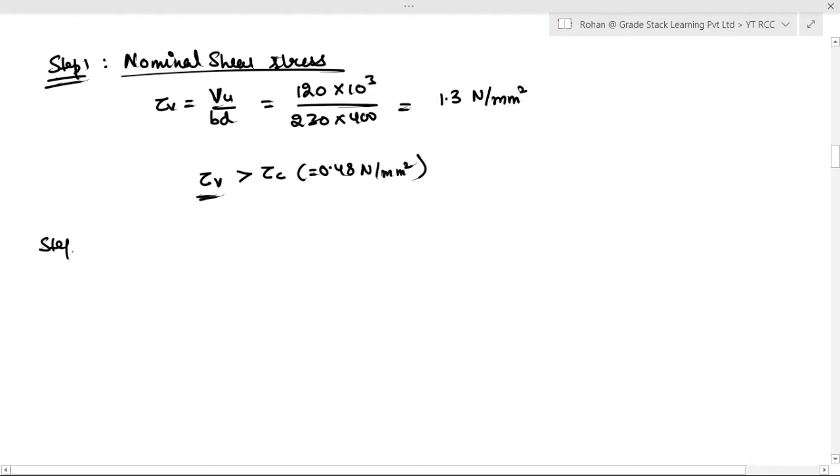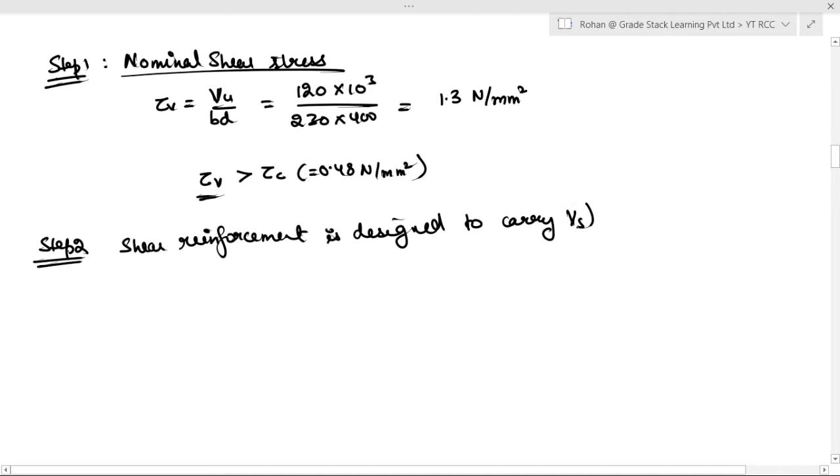So step 2. For what value of the shear force shall we design our shear reinforcement? Shear reinforcement is designed to carry Vs shear force. What is Vs?